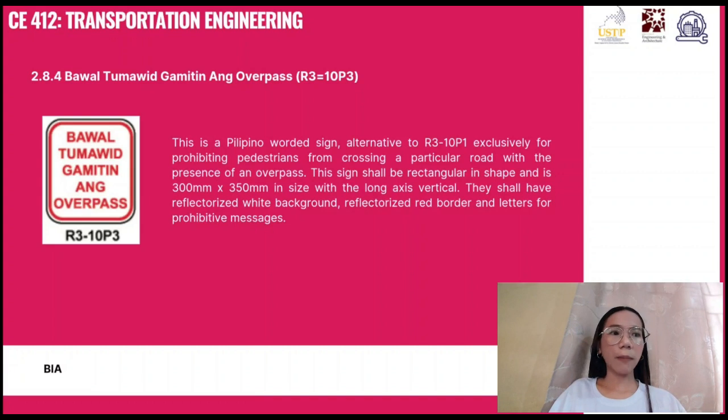This sign shall be rectangular in shape and nasa sizes nga 300 mm by 350 mm, no? Nga long axis vertical. So they shall have reflectorized white background, reflectorized red border, and letters for prohibited message.